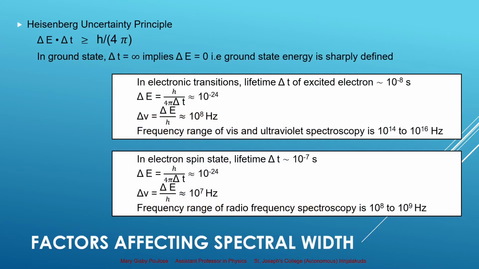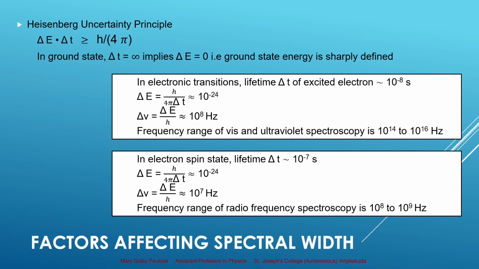Now, the next factor affecting the spectral width is Heisenberg's uncertainty principle. Heisenberg's uncertainty principle has different pairs. We are familiar with the position-momentum pair. Another pair is the energy and lifetime pair.